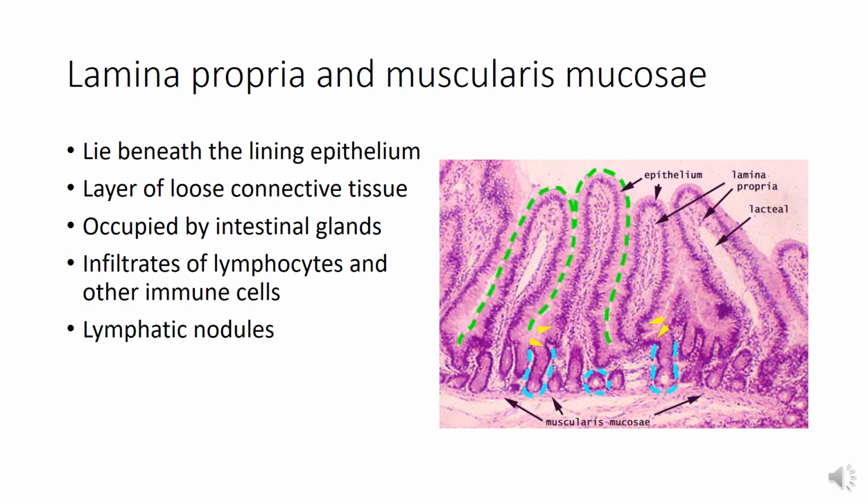So you can see here, these are the intestinal villi. This is the epithelium, and this is the lamina propria, and the lamina propria is extending into the core of the villus also.